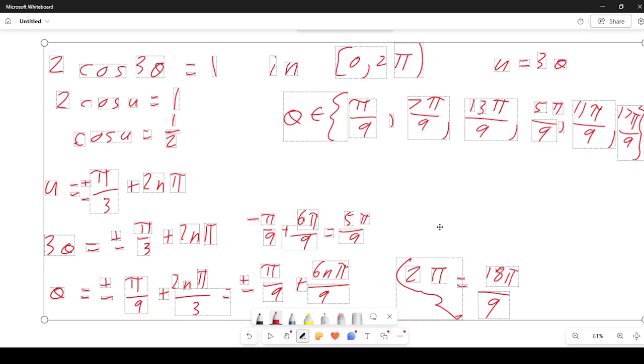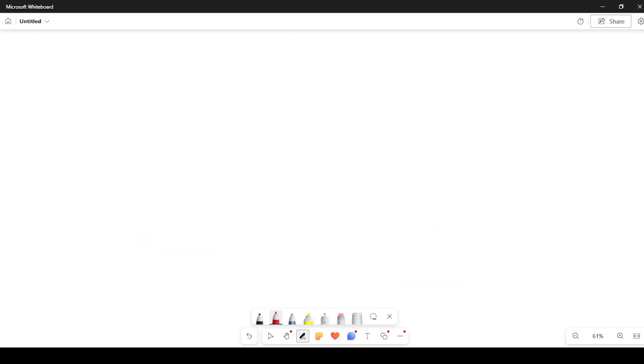All right, we just got a couple more to take care of. So let's see. Root 3 tan theta over 2 minus 1 equals 0. And this time they gave us an interval of 0 to 4 pi.